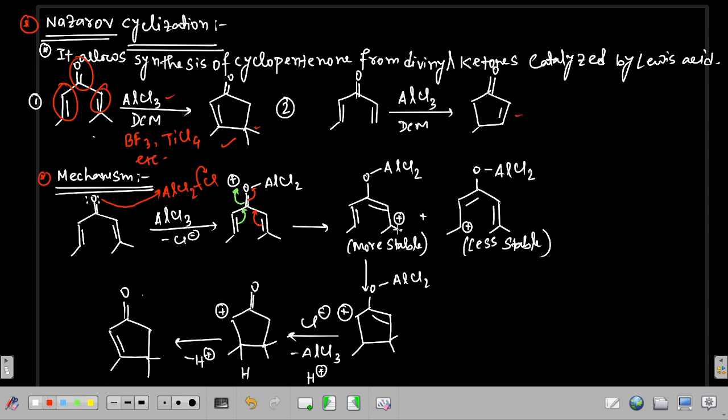If this shifts, this cation will form. If this bond shifts, then this cation will form. But in this case, this is a 3-degree carbocation, which is more stable than the 2-degree carbocation. So this product will form as minor, or else it will not be possible.